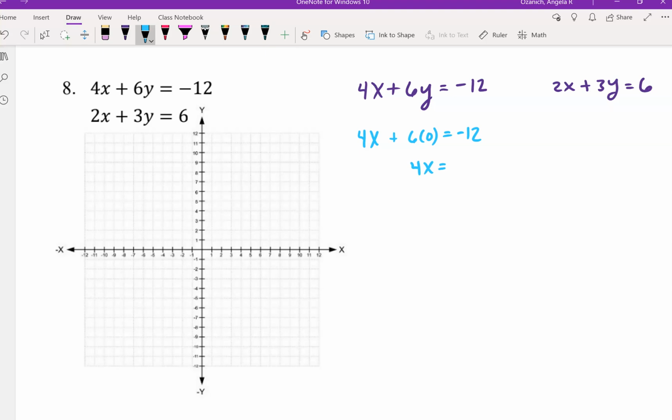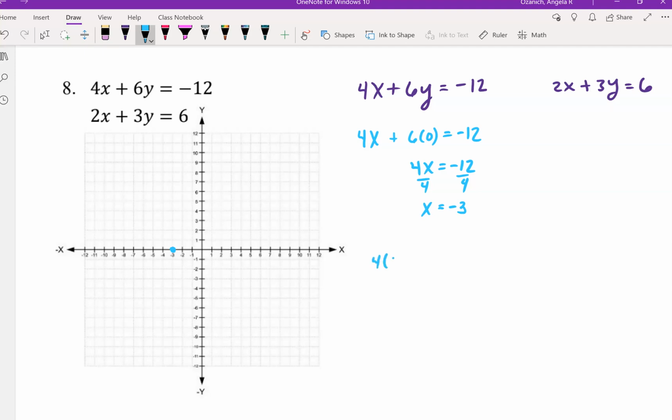If we make y equal to 0, divide by 4, both sides, and we get x is equal to -3. Okay, so I'm going to go ahead and put that -3 right on my x-axis.